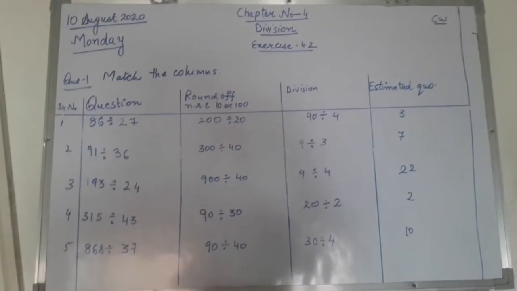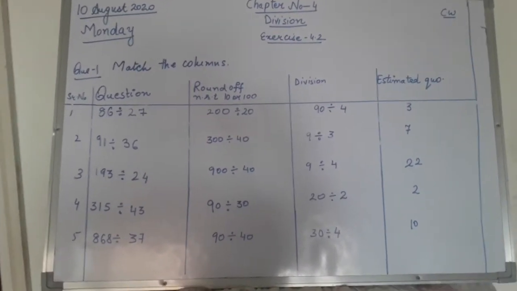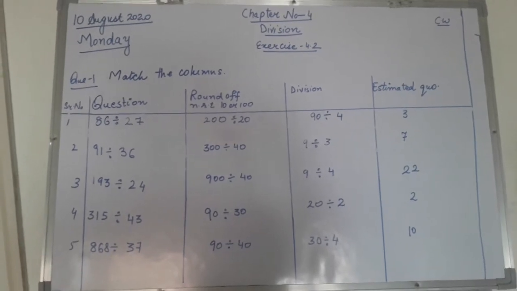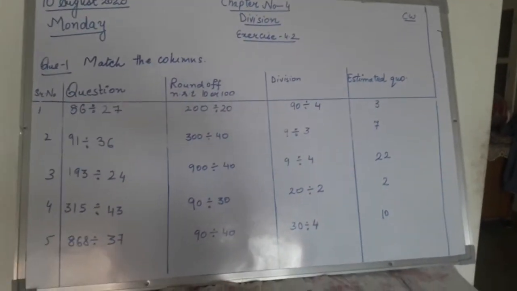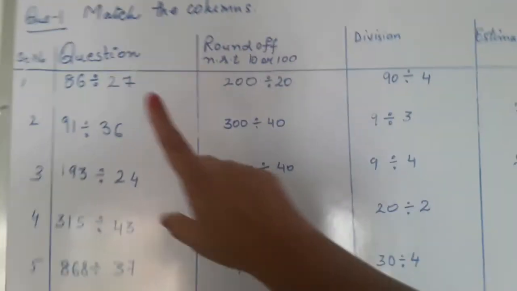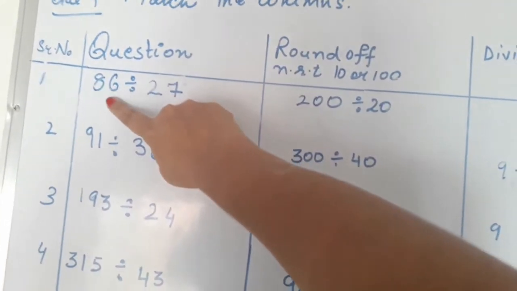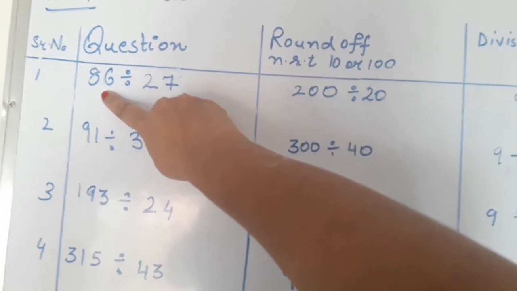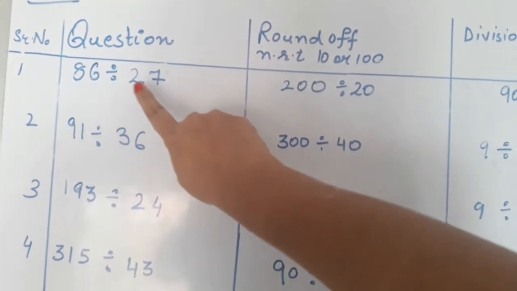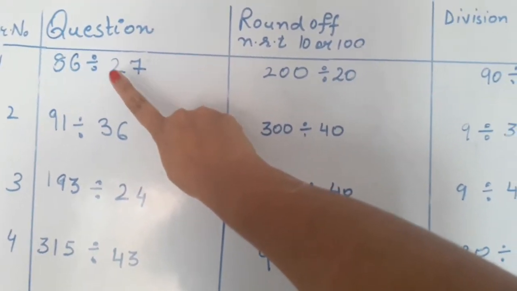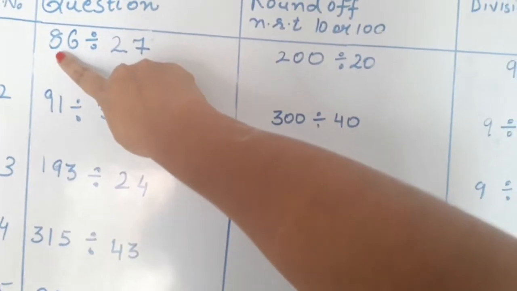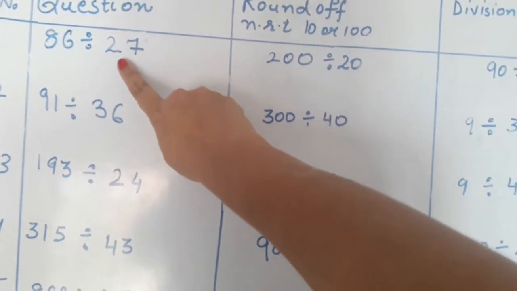Now everyone knows what is dividend, what is divisor, what is quotient, and what is remainder. Okay, quickly I am going to tell you. This is called the dividend because we are going to divide this number. And this is called the divisor because we divide the 86 by 27.